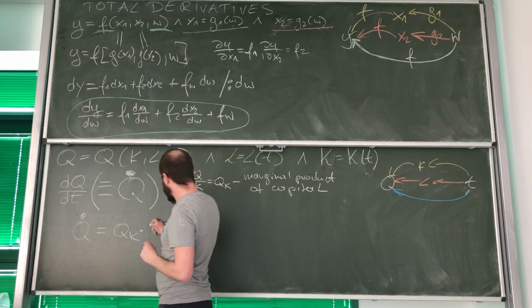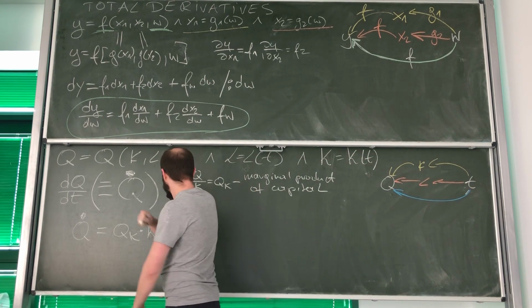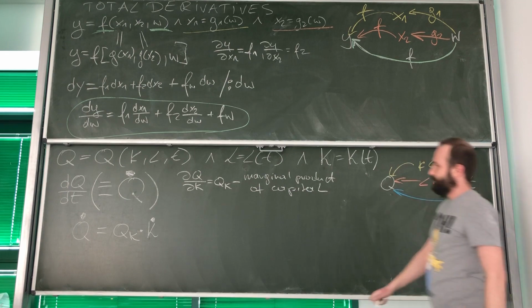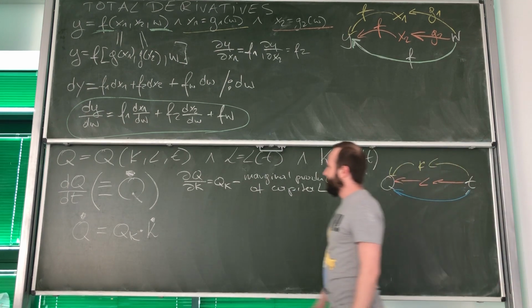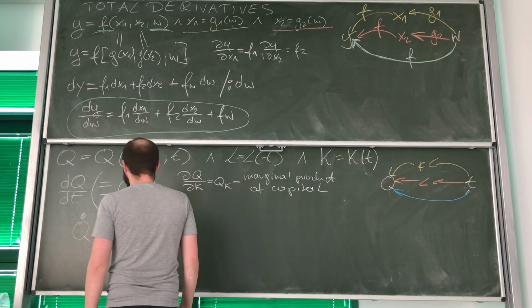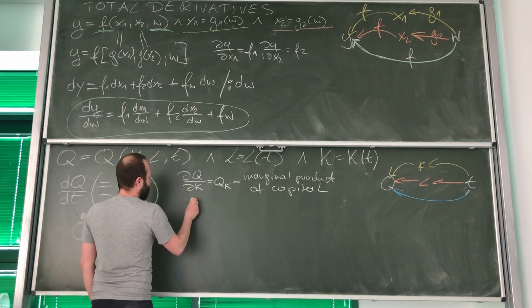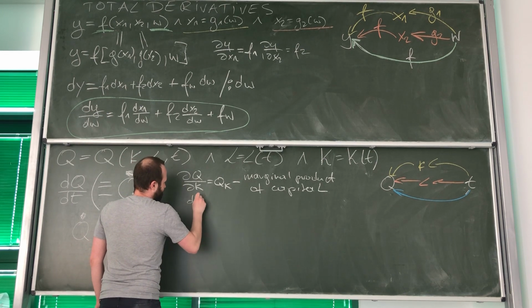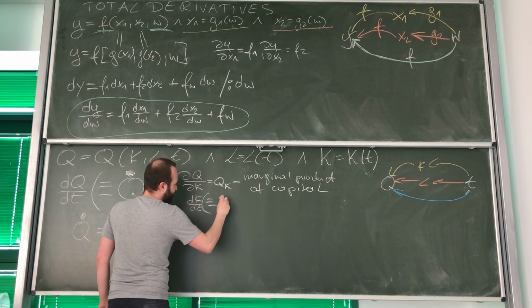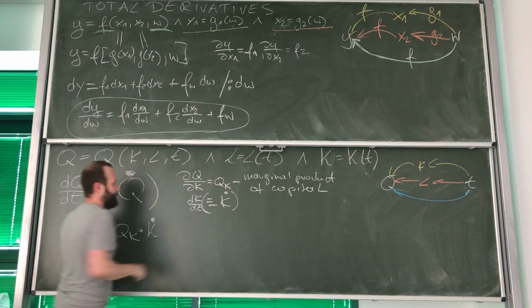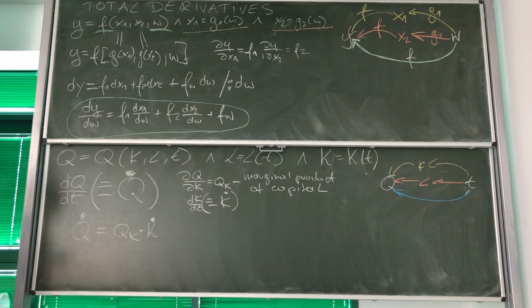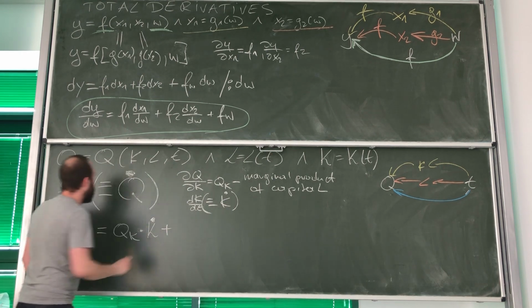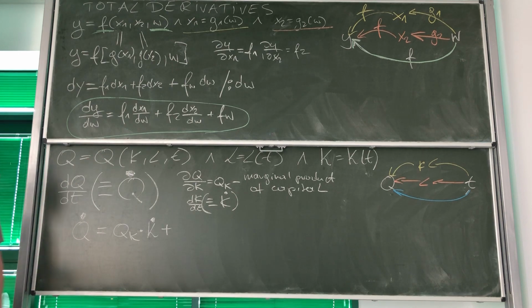So we could just write it like that, right? That would be dK/dt, which is by definition written like that. Then we've got plus, and we need to do the same for labor.